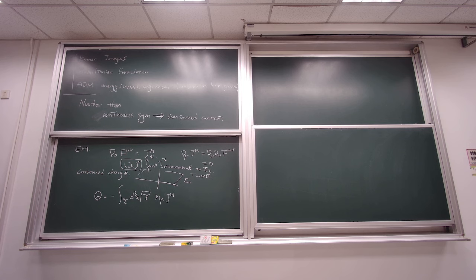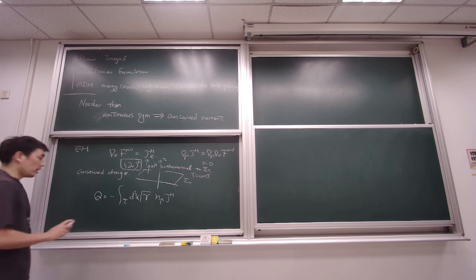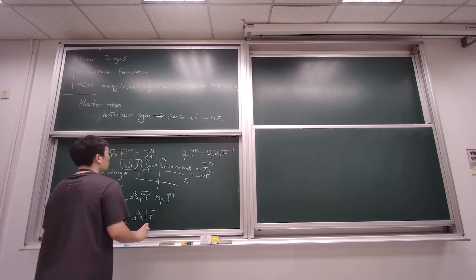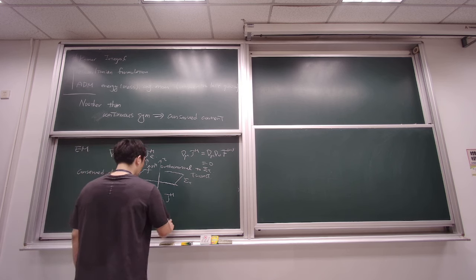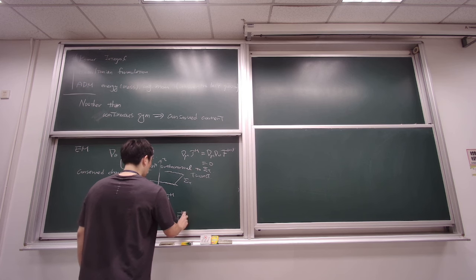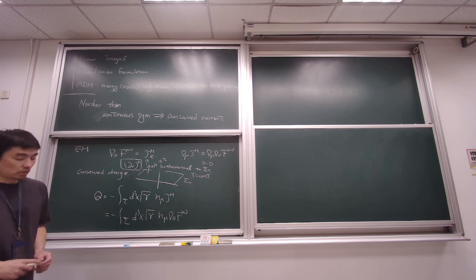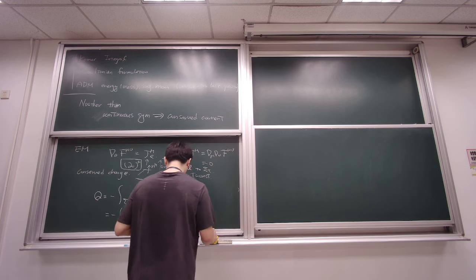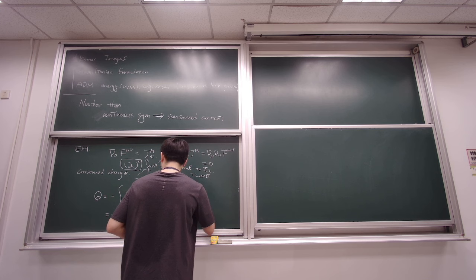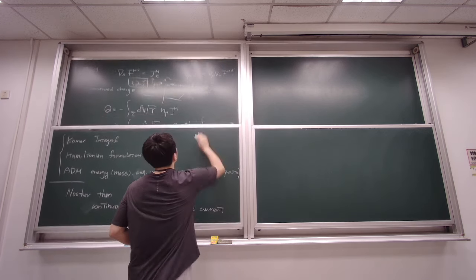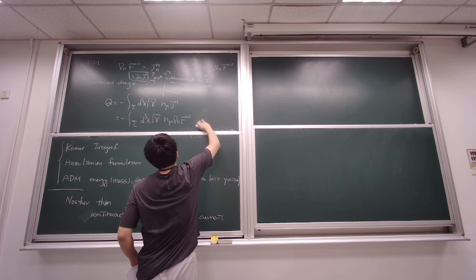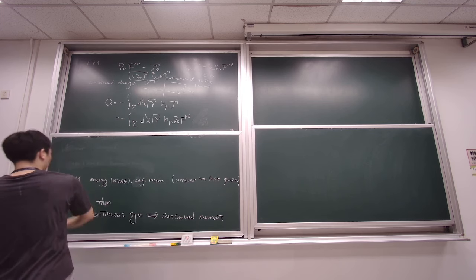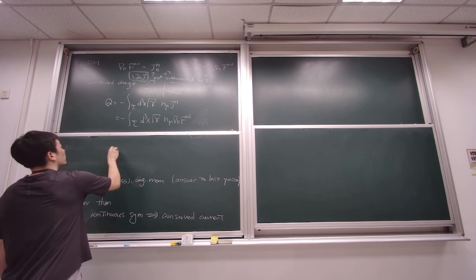So this we already knew, and then we can manipulate this one like this way, and just do integration by parts. Integrating by parts, you have a flux at spatial infinity.